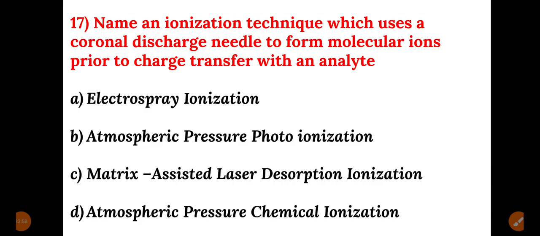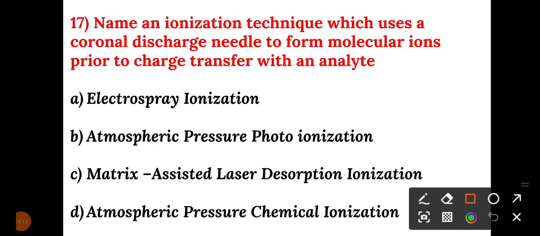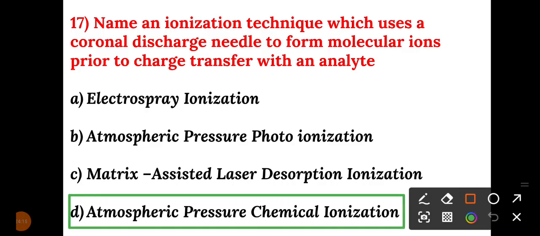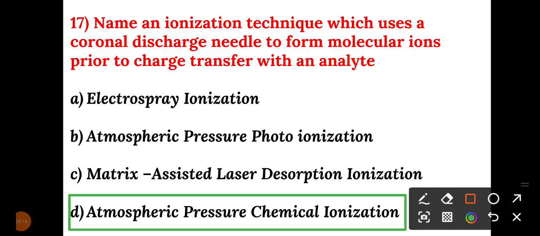The first one is ESI, that is electrospray ionization. Then APPI, atmospheric pressure photoionization. Then MALDI, then atmospheric pressure chemical ionization, right? So what is the correct answer here? That is the APCI, atmospheric pressure chemical ionization, because in the APCI the corona discharge needle is used to form the molecular ions.